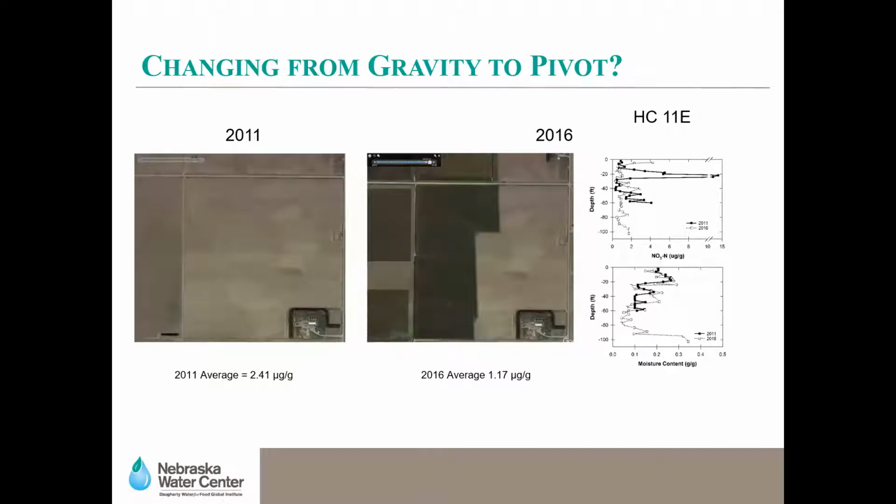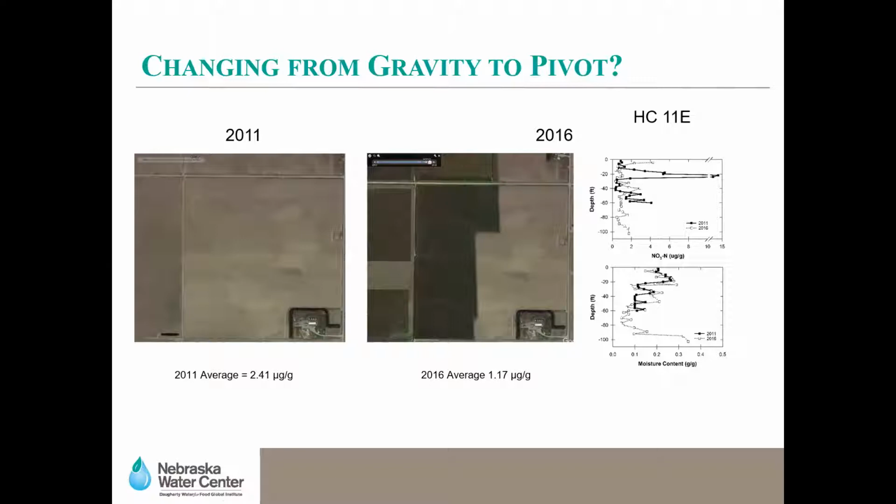So one thing that we've learned from all of this sampling and analysis is that changing from a really water intensive irrigation practice, like gravity or furrow irrigation, to a more water conservative method like a center pivot sprinkler irrigation actually reduces the amount of nitrate that leaches below the root zone.